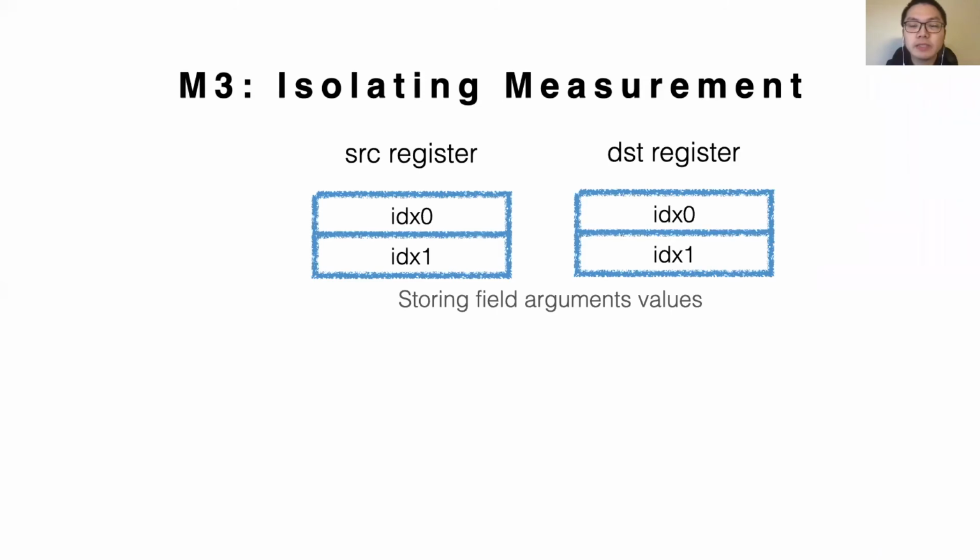Mantis leverages a simple double buffering approach. That means for every argument, we keep two register copies. These two copies form a working copy and a checkpoint copy. The working copy is updated on every packet, while the checkpoint copy forms a consistent snapshot of the registers. Which one to use is determined by a special measurement version bit.